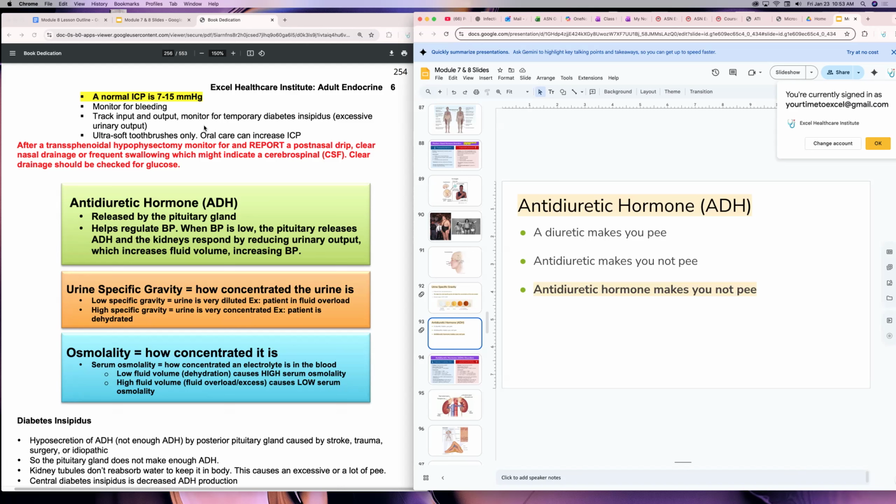So a diuretic makes you pee, right? Very good. A diuretic makes you pee.